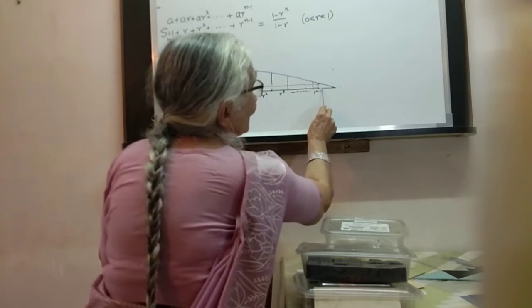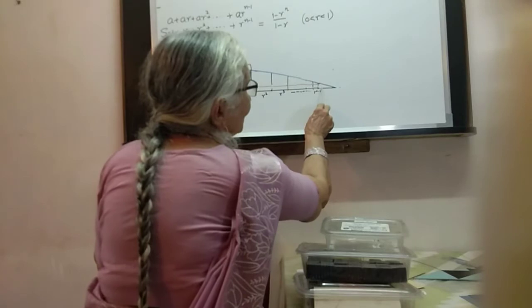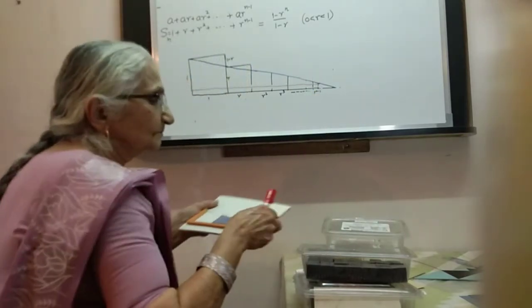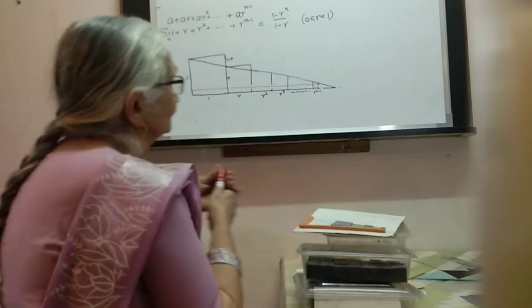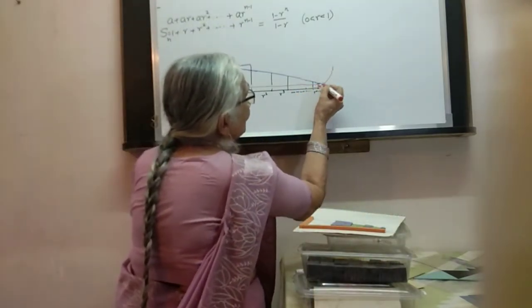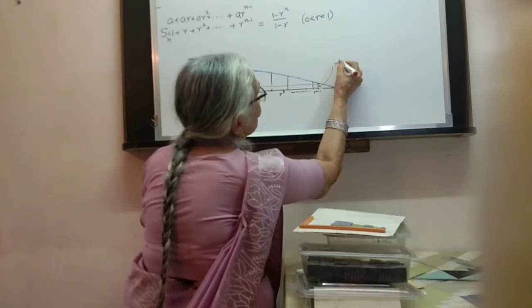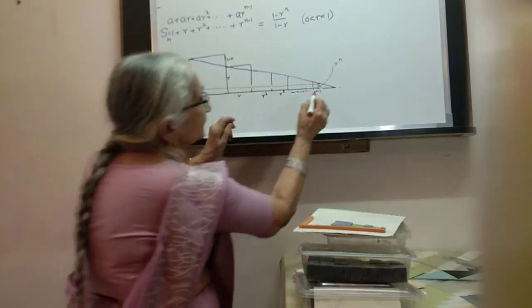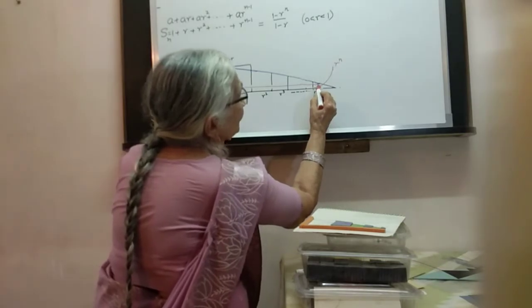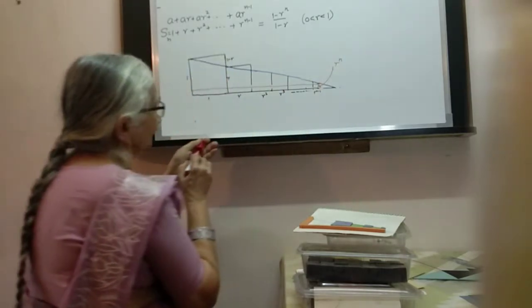What would be the next one here? We don't have it, but what should it be? It should be r raised to n. And therefore this length will be r raised to n, because the next one here would be r raised to n. So the previous height will be r raised to n.